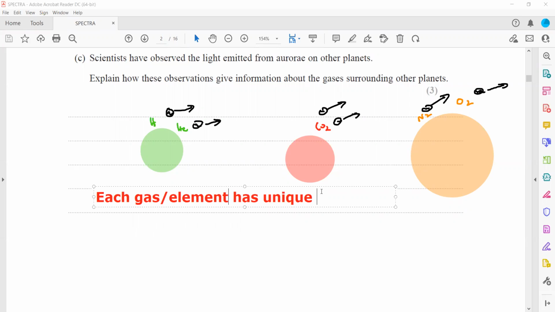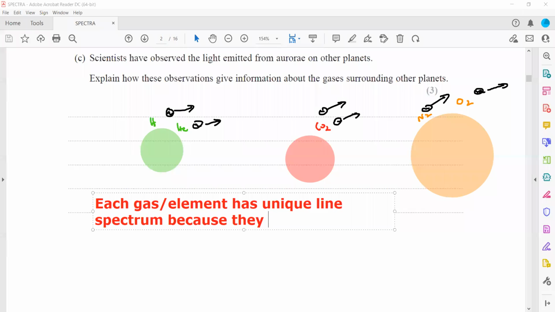Each gas or each element has a unique line spectrum because they have a different number of shells and different spacing between the shells. So they have unique energy levels.